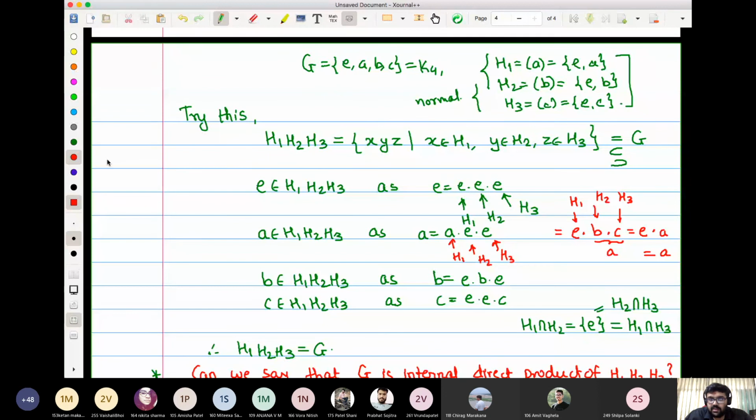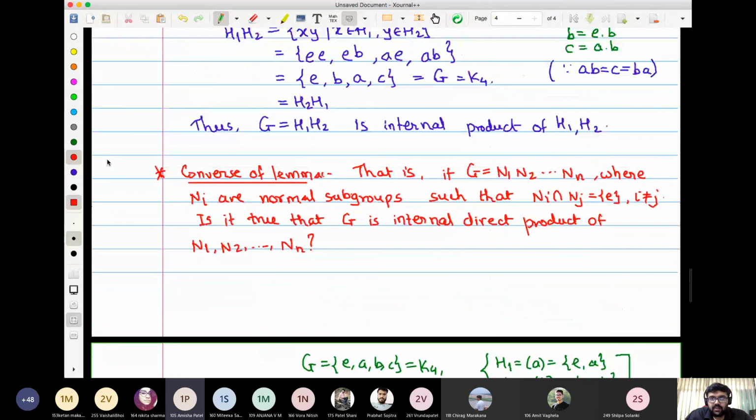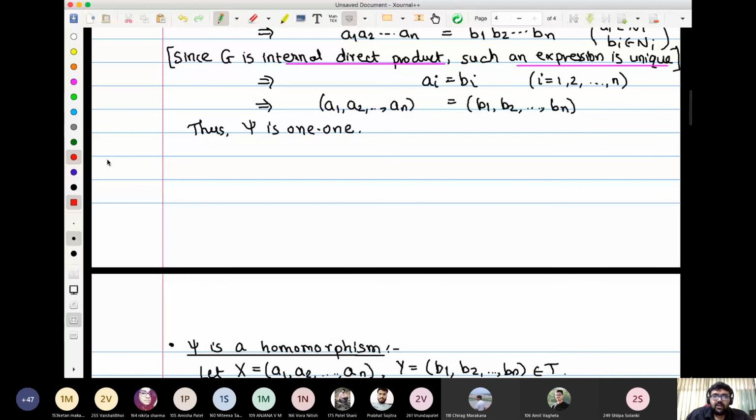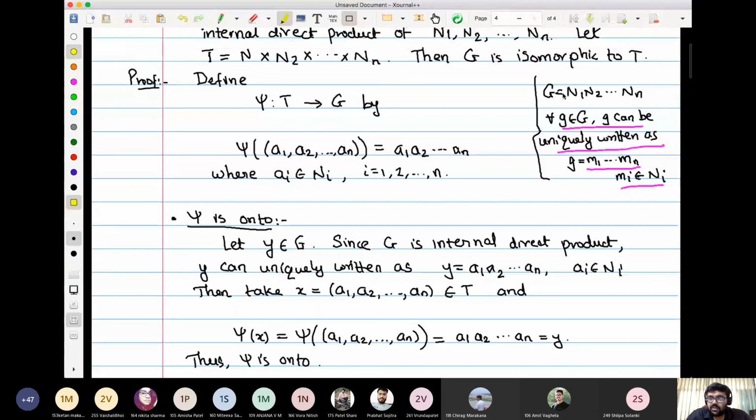See, what is the second condition of internal direct product? This was the definition. Let me highlight that. This is the first condition, and every element of G can be uniquely written as this. So this was the second condition.